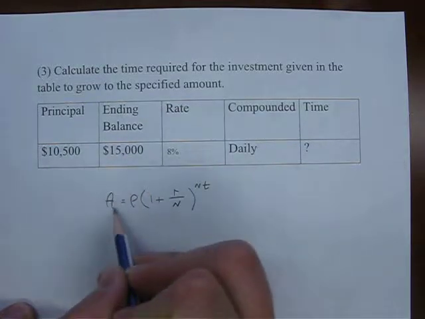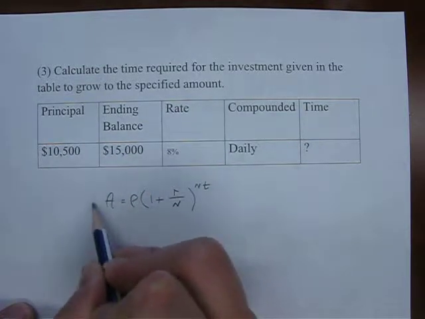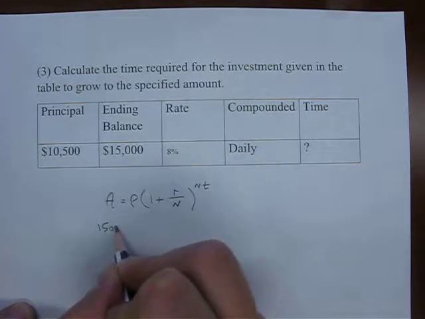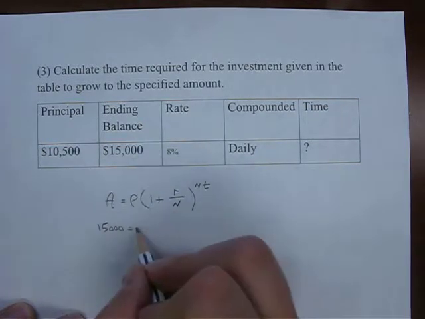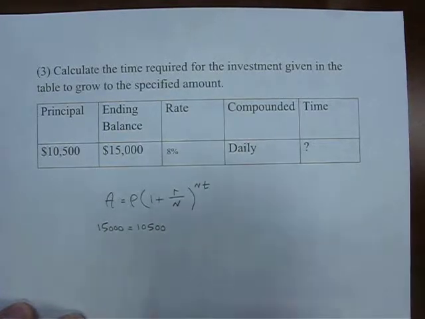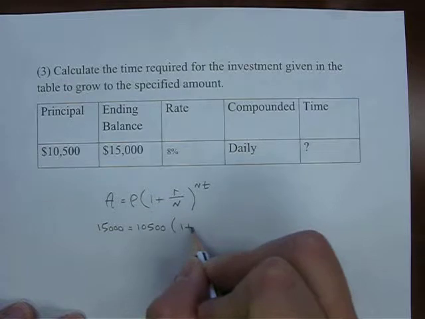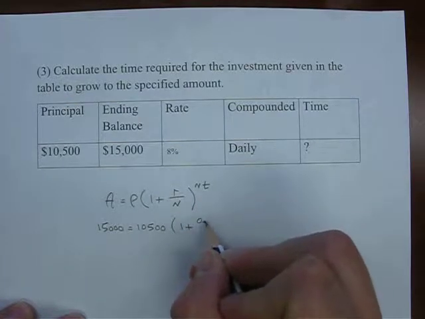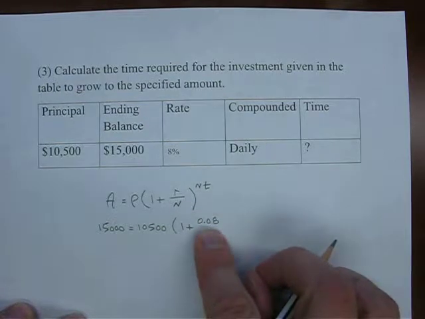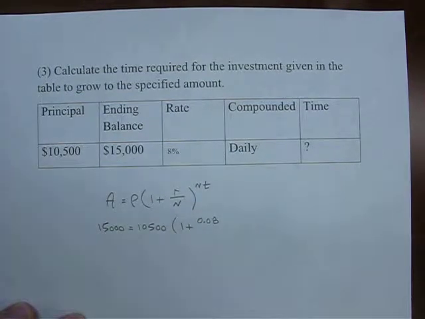That's what you end up with after all the interest is earned. I started with 10,500. My interest rate, 8%. Of course, we use 0.08 for that.